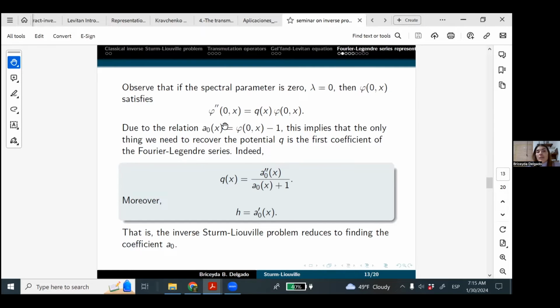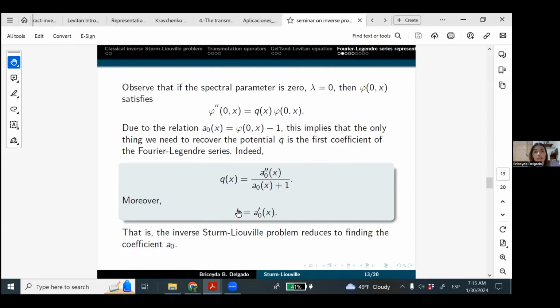If we differentiate twice this expression and clear the potential here, we can recover the potential only in terms of the first coefficient. The potential will be the second derivative of the first coefficient divided by the first coefficient plus 1. And this expression we will use in the numerical method.